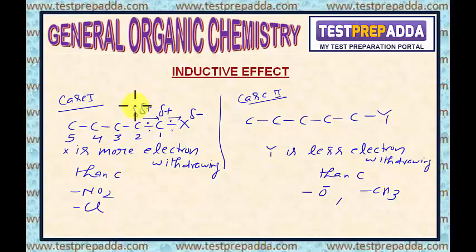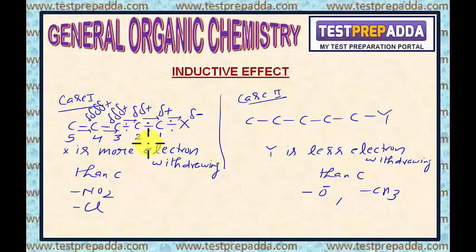And the same way, carbon 2 will do with carbon 3, although same electronegativity, because of the presence of positive charge on carbon 2, it will pull the shared electrons towards it, and this way it induces some positive charge on carbon 3, and in the same way positive charge will develop on carbon 4 and carbon 5. Every time electrons are moving towards X.